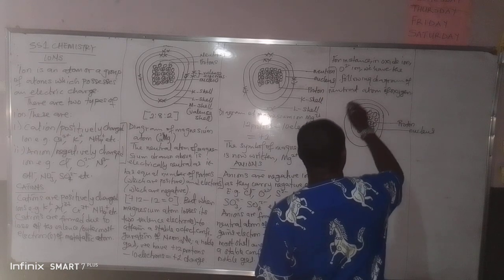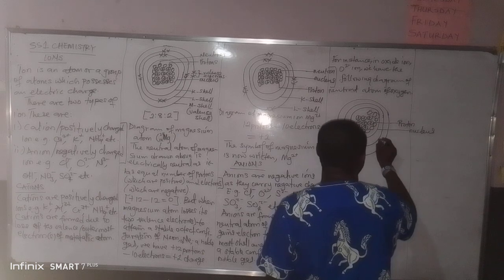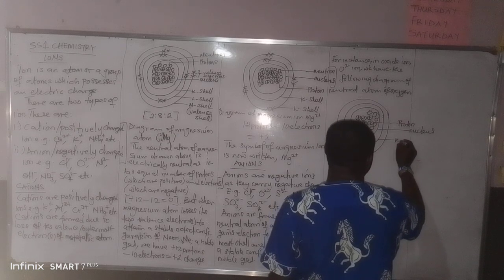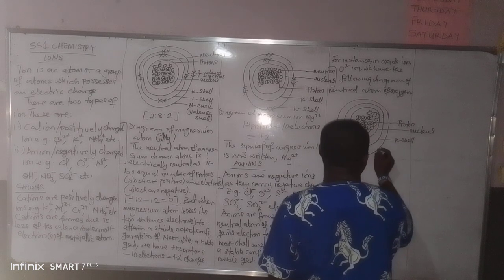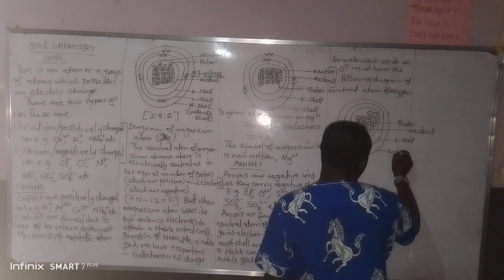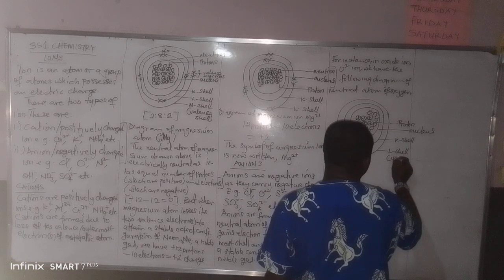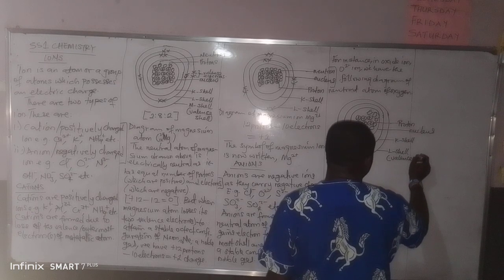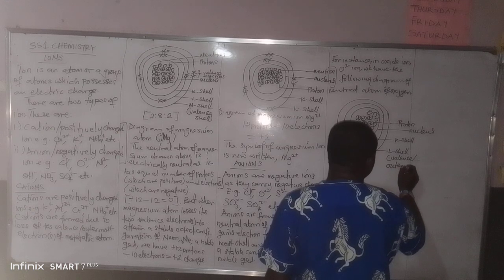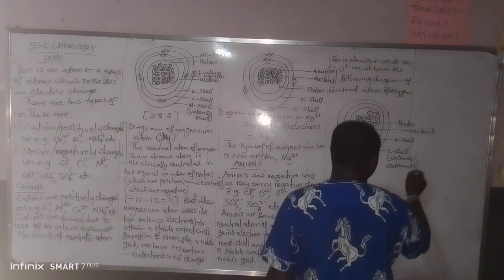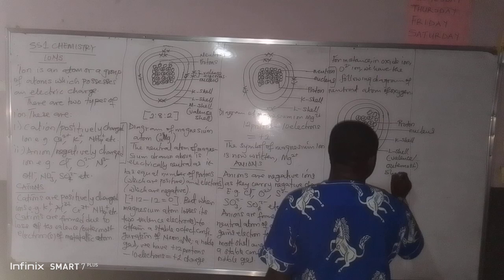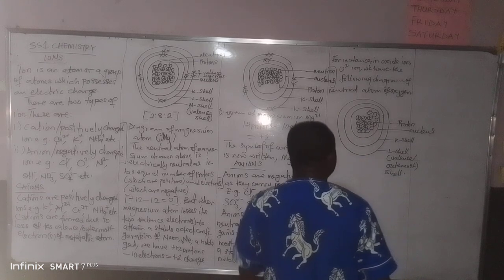Then we have 2 atomic shells. The first shell is the K shell, while the next one is the L shell. The L shell is the valence or outermost shell.